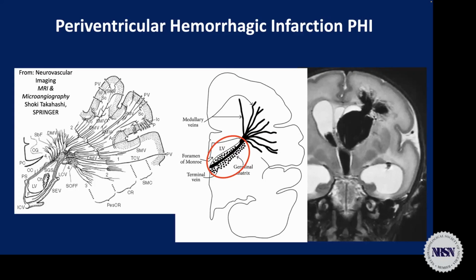The presence of a huge hemorrhage here causes a stenosis of the terminal vein, then reflects to the medullary vein that becomes engorged, and you can see here how the hemorrhage developed within the area of the medullary vein. So the secondary ventricular hemorrhagic infarction is actually a venous infarction secondary to engorgement of the terminal vein and of the medullary veins.